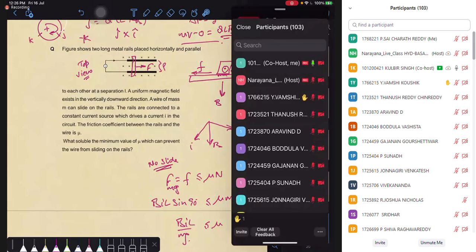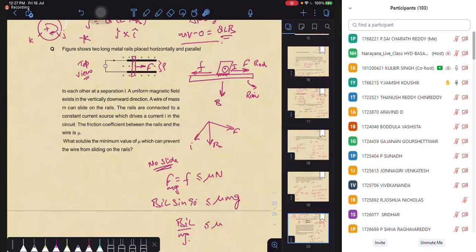Yes, Vamsi. Sir, one doubt. The current in the two rails, the two metal rails, is opposite, sir. Because there is a circuit. In this question you are saying, or something else?